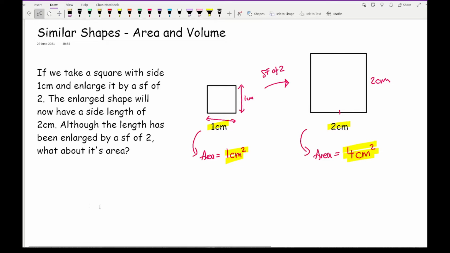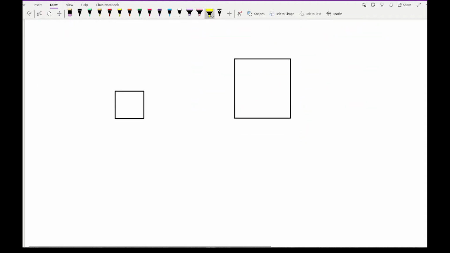So let's have a look at another example of this. This time let's use different numbers. So let's go for 3 centimeters, and let's say we're going to enlarge it by a scale factor of 4. So for this here we've got 3 centimeters. This therefore is going to be 3 times 4, which is 12, and that's also going to be 12. Now here with this square we've got an area of 9 centimeters squared.